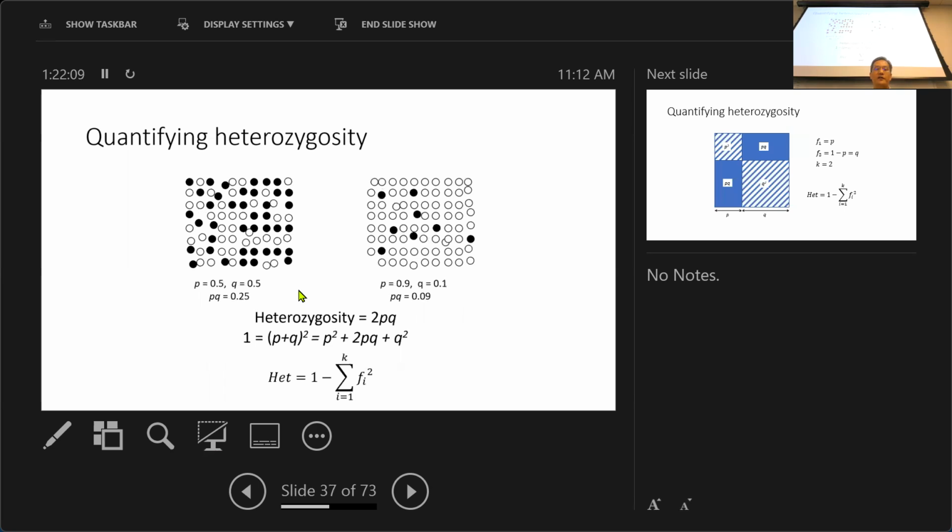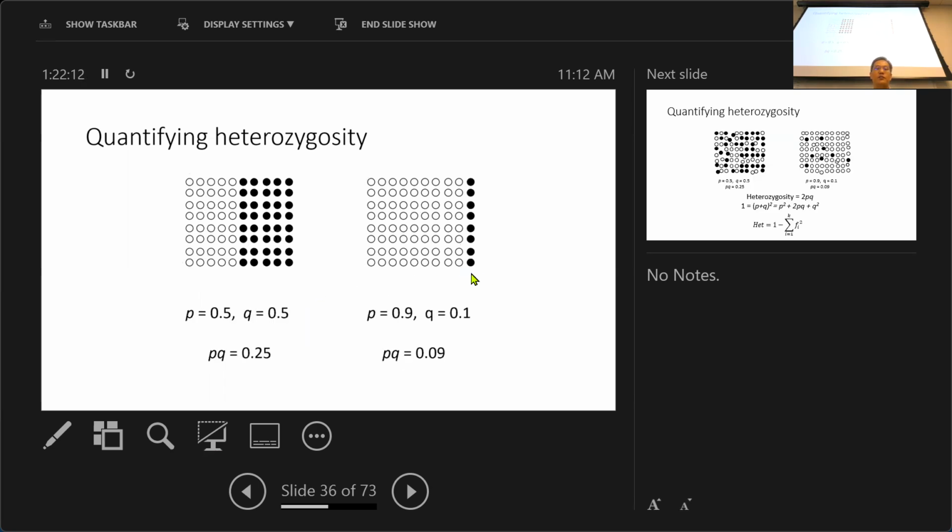Well, if you have a distribution of these two alleles, 90%, 10%, the heterozygosity is not as high as 50-50. So how can we measure the heterozygosity level? We use a product of these two values.